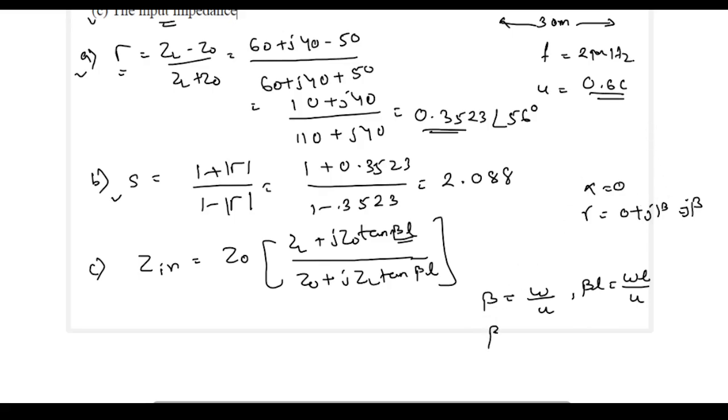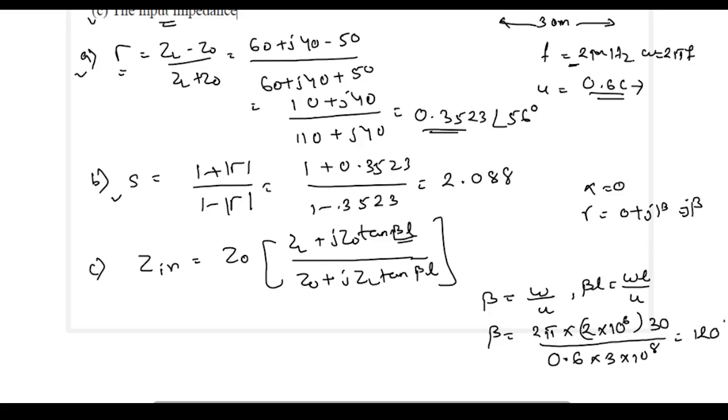Omega is 2 pi f, so omega is 2 pi into the frequency, 2 megahertz, that is 2 into 10 to the power 6, into L, which is 30 meters, divided by 0.6 into c. Here c means the speed of light, which is 3 into 10 to the power 8 meters per second. So this is coming as 120 degrees.